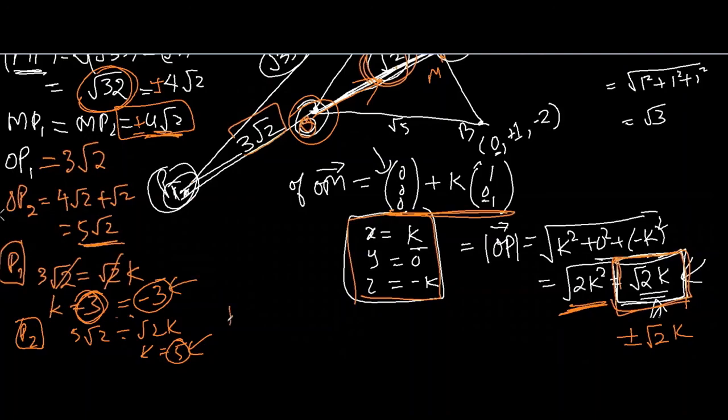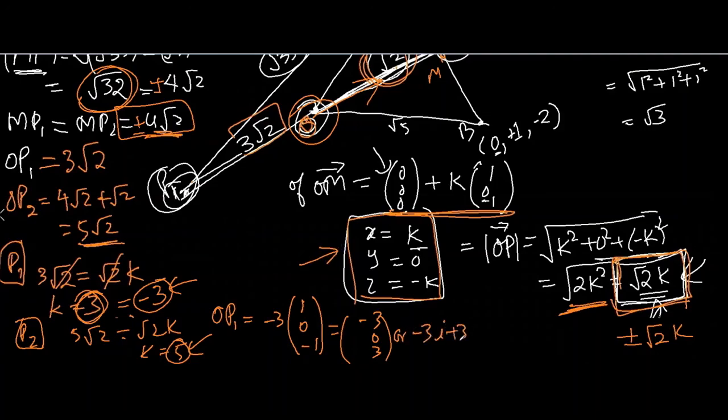So the first vector OP1 will be minus 3 times, k is minus 3 for it, 1, 0, minus 1, that gives us minus 3, 0, 3. Yeah, basically I inputted it here in this XYZ parametric form, or you can write minus 3i plus 3k.